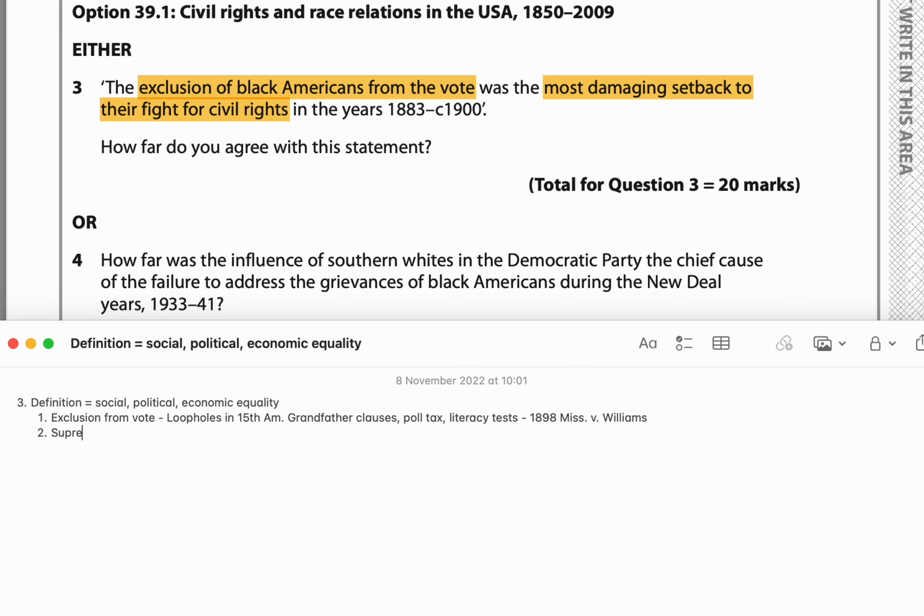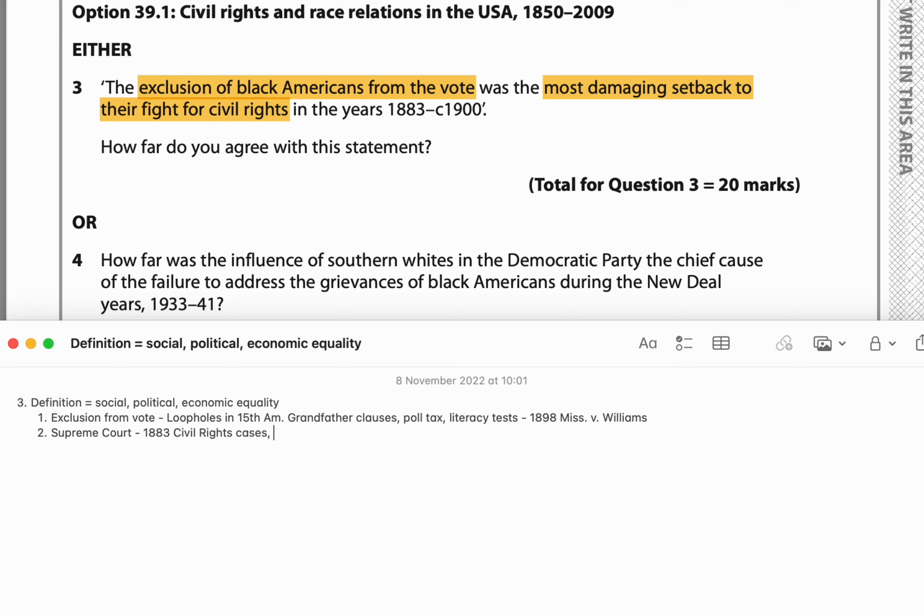So paragraph 2, I would talk about Supreme Court decisions. Specifically, we're thinking about the 1883 Civil Rights Cases, the most significant one there being that it overturns the 1875 Civil Rights Act, which was against discrimination in public places. So that was hugely damaging to Black American civil rights, to social rights specifically, so that could be a good way to counter the factor in the question.